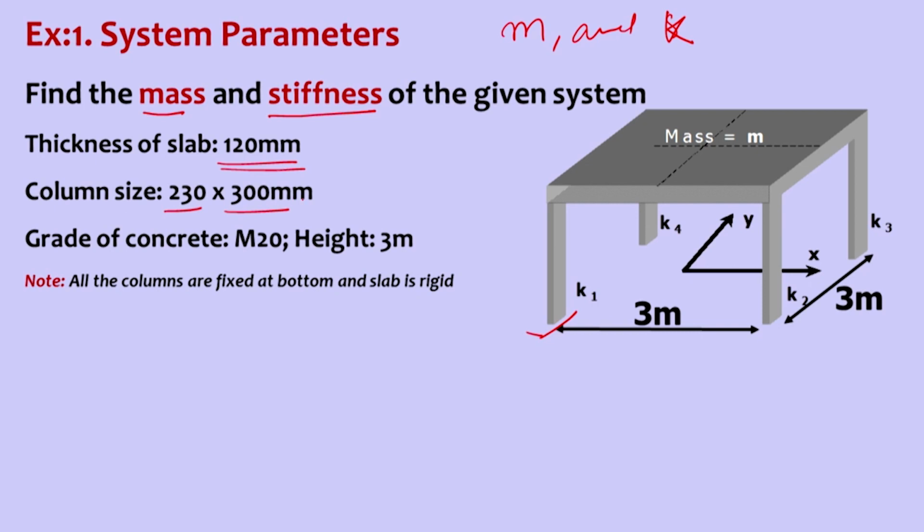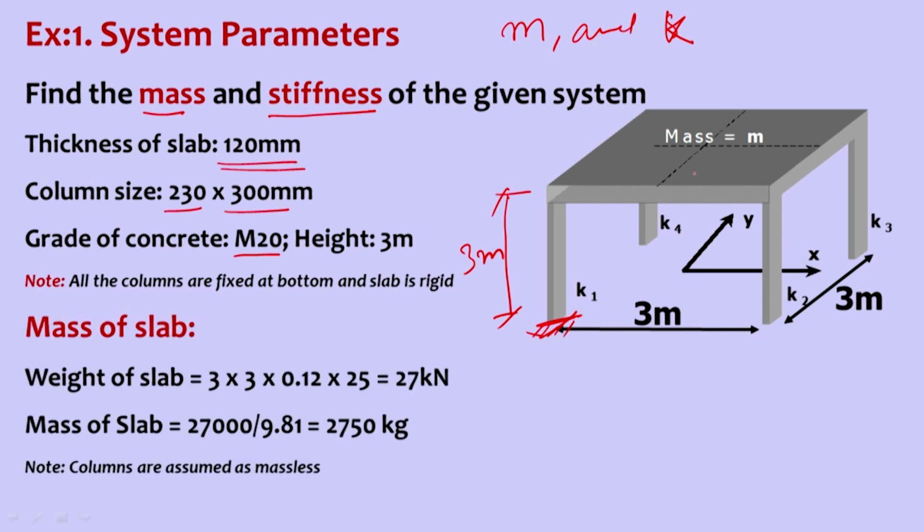The material grade of concrete used is M20, and the height is given as 3 meters. A note is given that all the columns are fixed at base, and the slab is rigid in its plane. So there are no internal deformations considered in the slab.